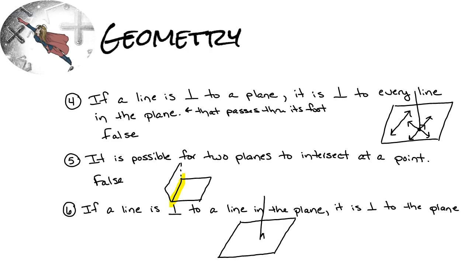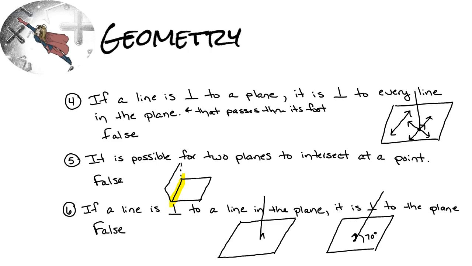But what if I tilt the line, so that in the back there's still a 90-degree angle, but on the side right here it's definitely not 90. Let's just pretend that it's 70 degrees. So this would be false.